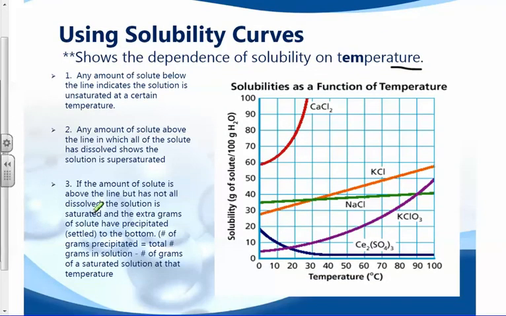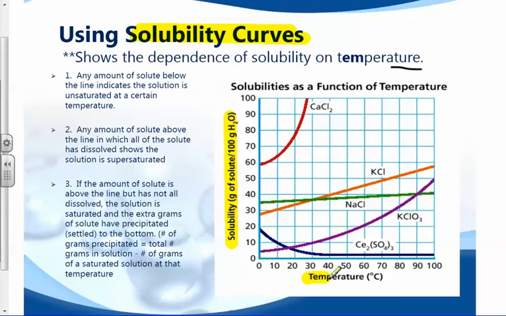Okay, so in science, we use models, and this is a solubility curve. Let's talk about how we can use this curve to solve some problems. So we have as our dependent variable the solubility.